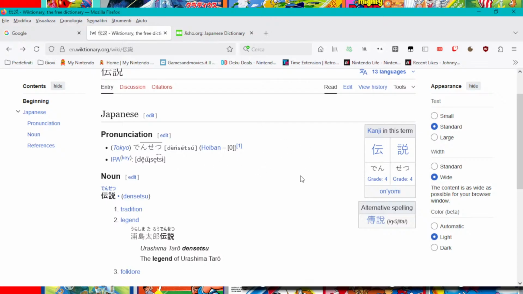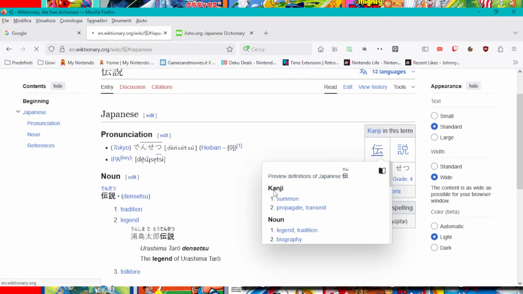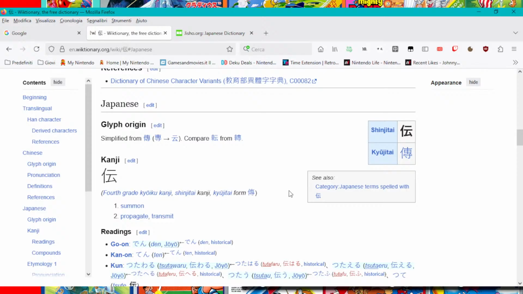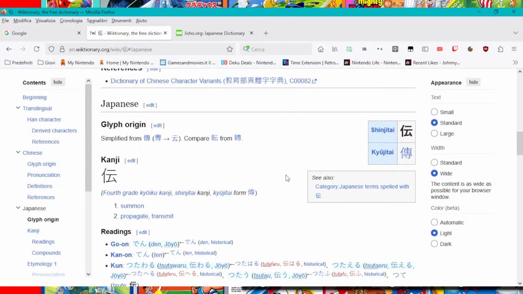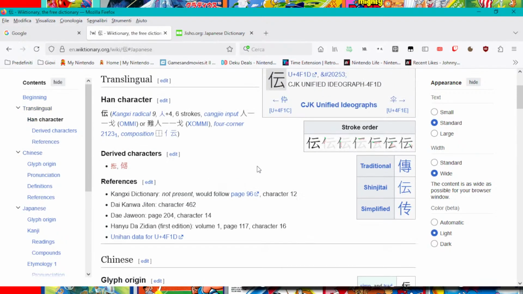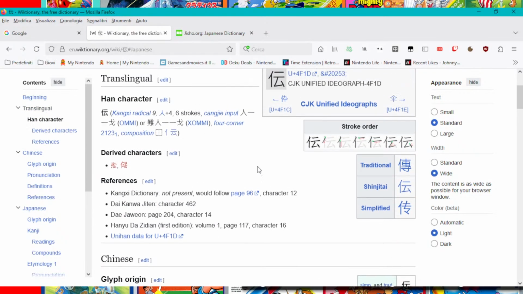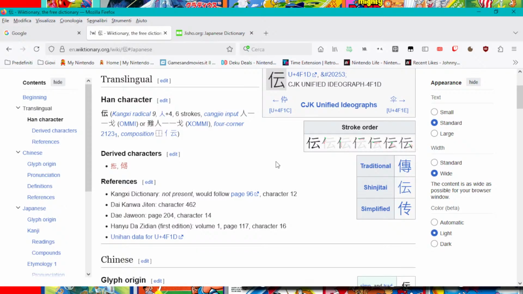And it's composed of two kanji, den and setsu. Let's start with den. Den is composed of two parts. We start with the left one, since it is also the easiest one.